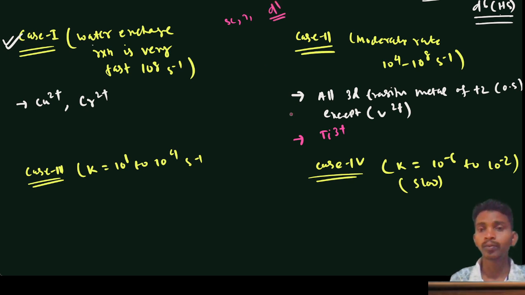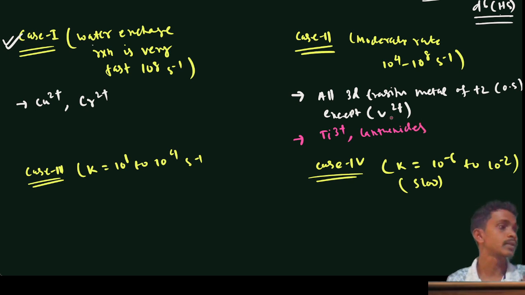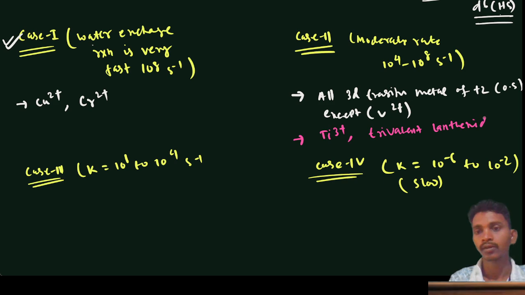So we see that d1 and d6 are labile, so this titanium 3+ also comes, and also the lanthanides fall in this category. Trivalent lanthanides also fall.